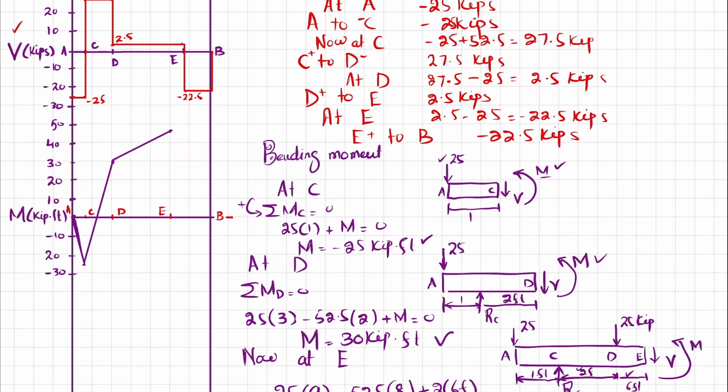At point B we will have a slope equal to 0 because you have to close this, so at point B we have a slope equal to 0. I will also explain why the slope will be 0.